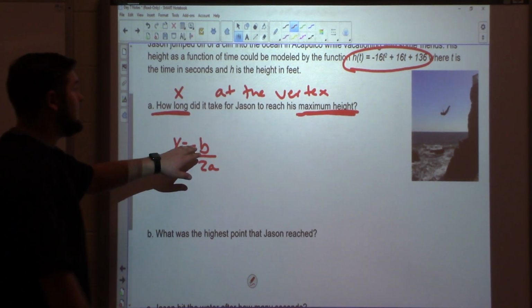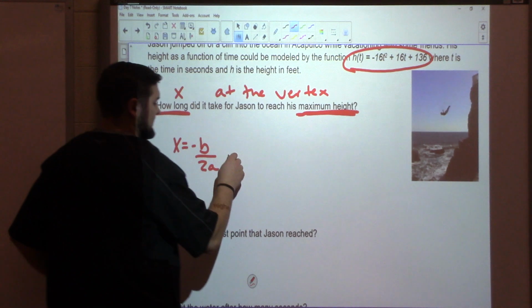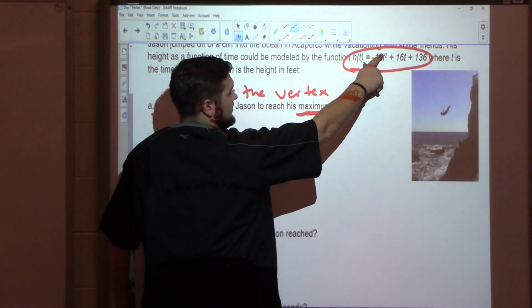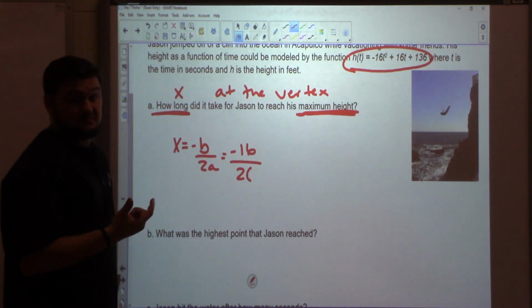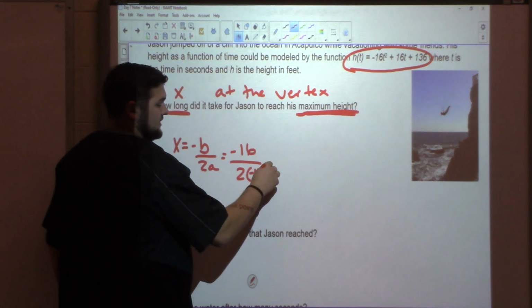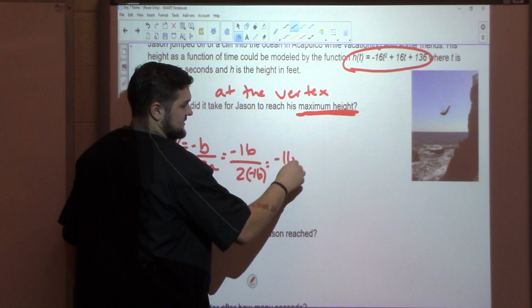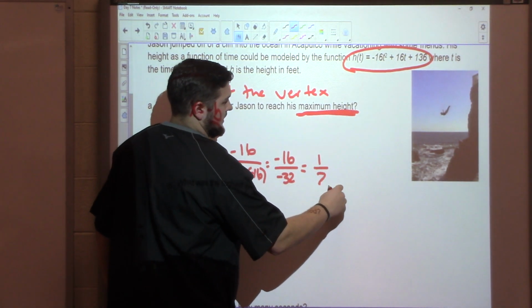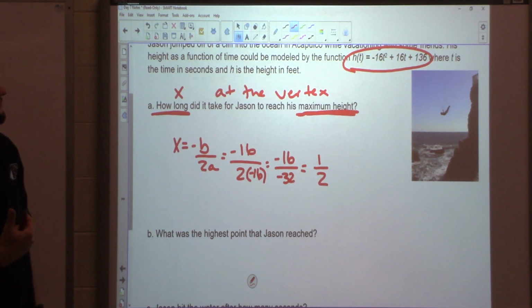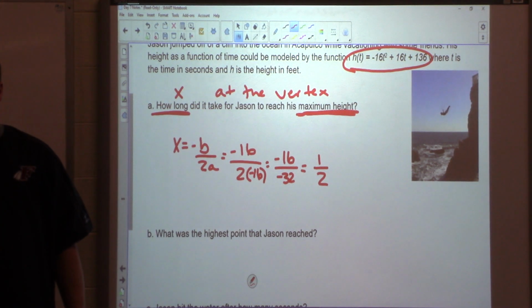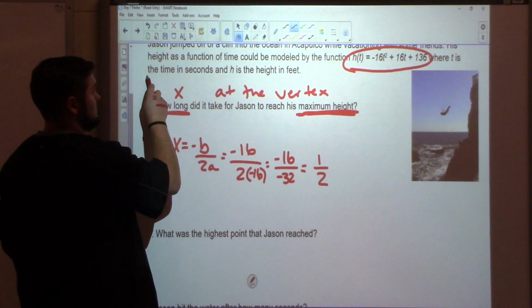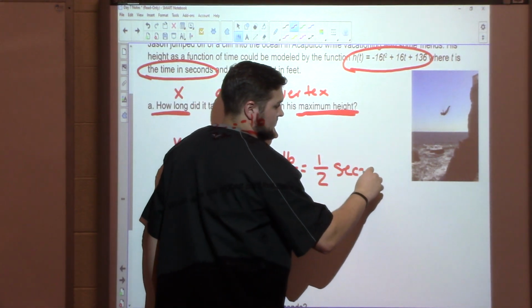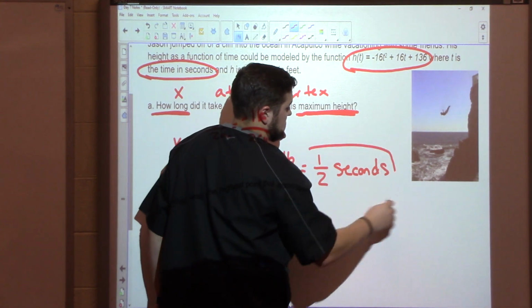So b is 16, so I get negative 16 over 2 times negative 16, so negative 16 over negative 32, 1/2. Well, 1/2 what? Seconds. It takes him 1/2 seconds to reach his maximum height.